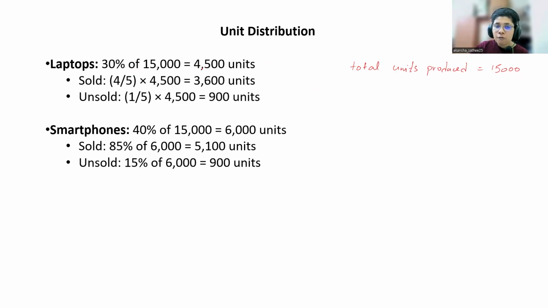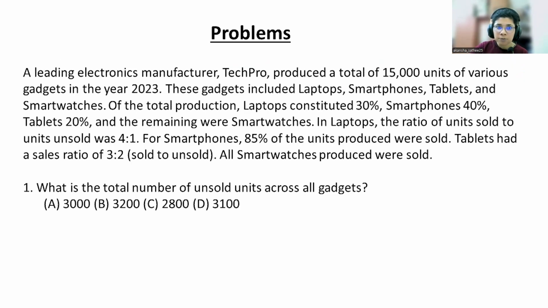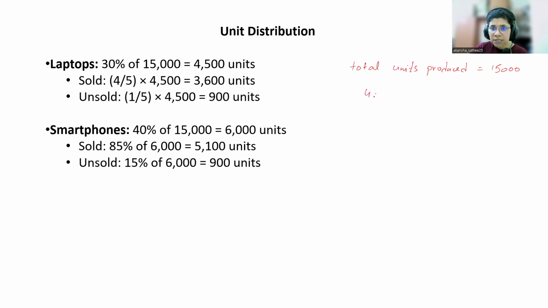And from 4,500 laptops, what is given? It is given that in laptops, the ratio of units sold and unsold, sold to unsold, is 4 is to 1. So total partition is 5. So how do we compute sold laptops?